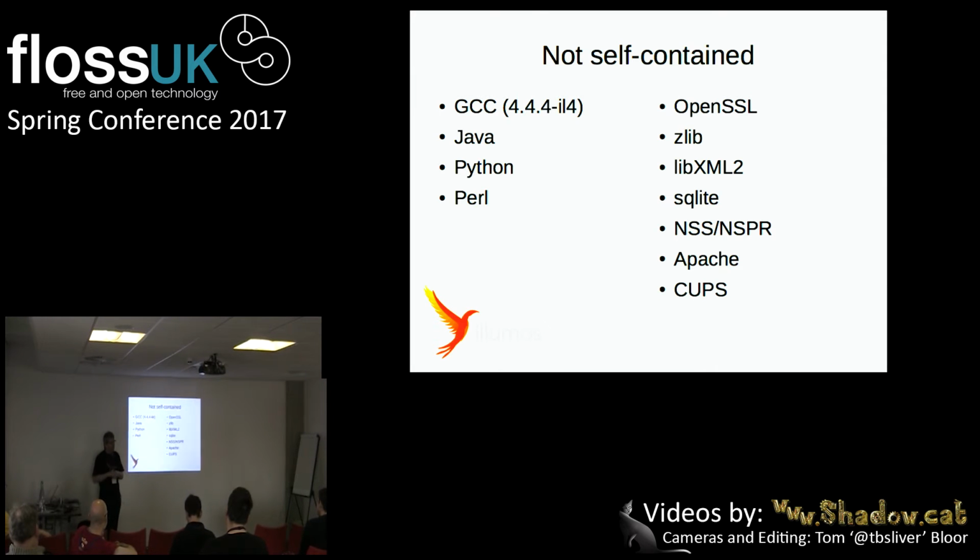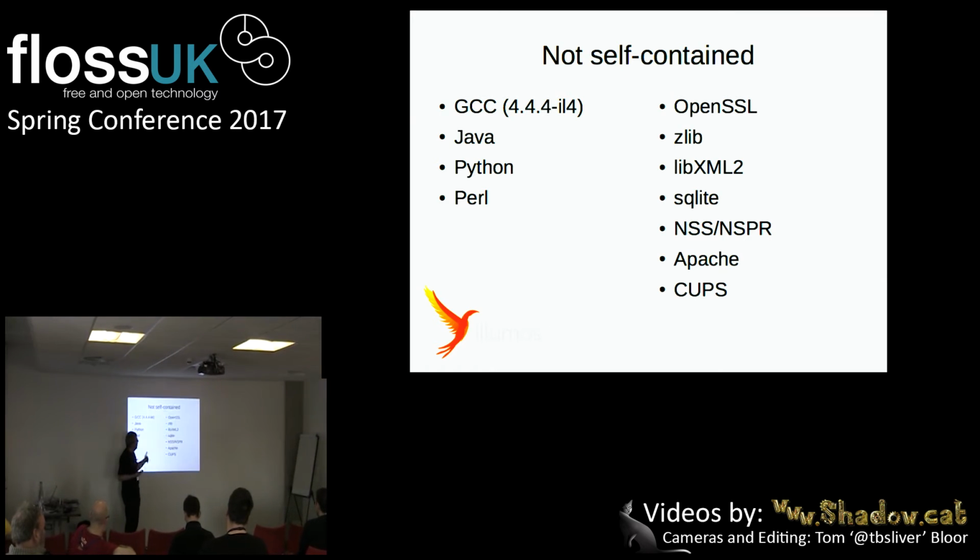There are questions asked as to why we have to have this specifically mangled version. We're working on that. We need Java. There are bits of Java code in Illumos Gate that talk to various things. We'd much rather get rid of them. There's a bunch of Python stuff. There's a little bit of Perl stuff. There's no actual good reason for having these, but they're there.